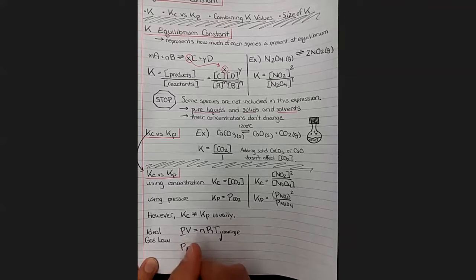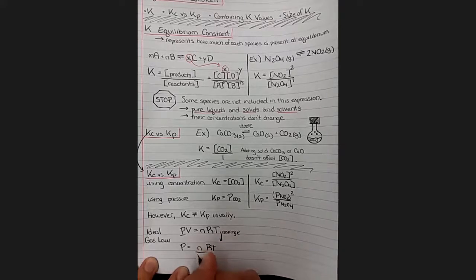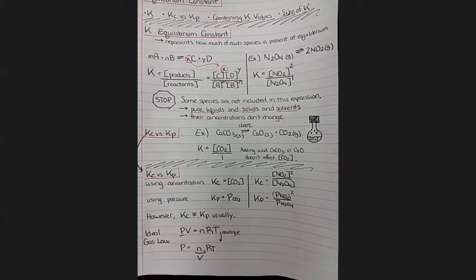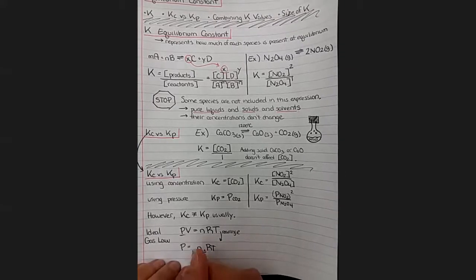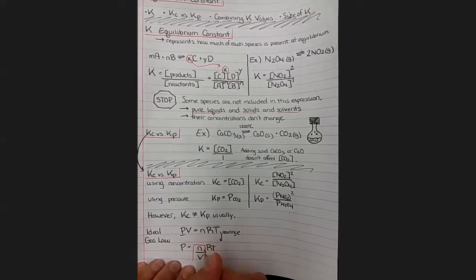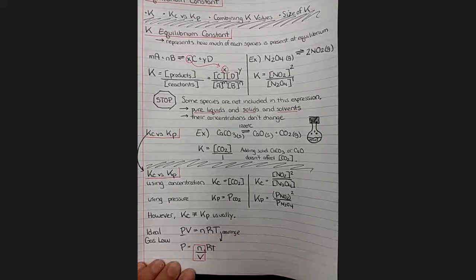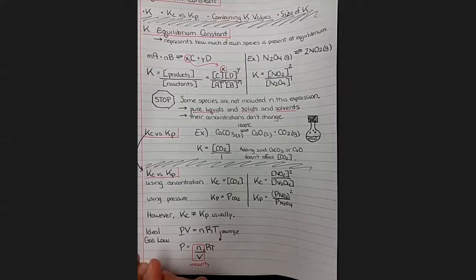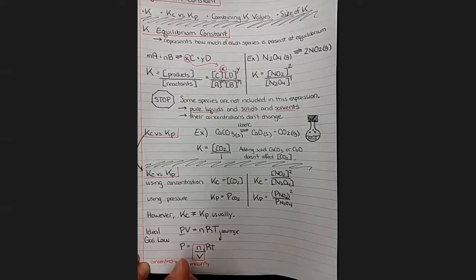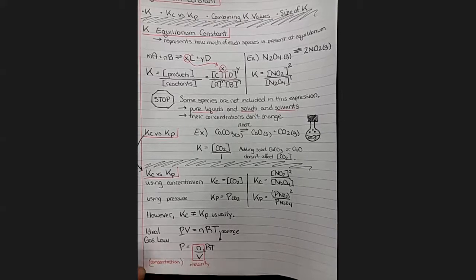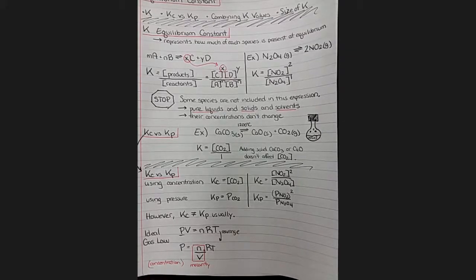So pressure equals nRT over V. And I wrote it a little bit strangely because I wanted to emphasize that we have n over V. And you can probably recognize that moles over volume is molarity, also known as concentration. So this formula is going to help us relate concentration and pressure.